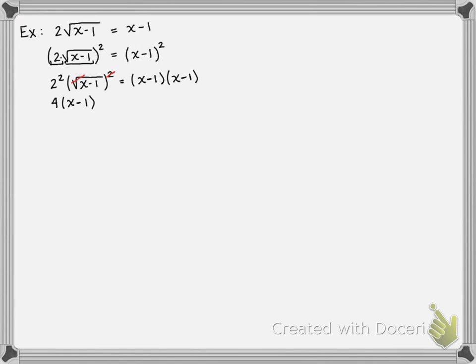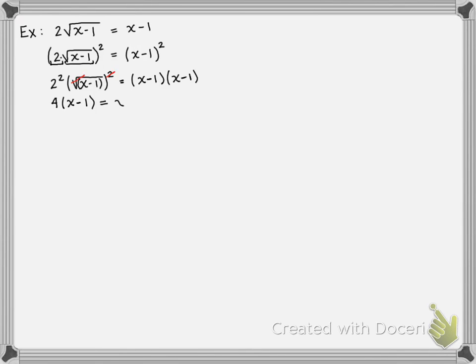Since I got rid of that radical, I got rid of the grouping symbol that was grouping the x minus 1 together, so that's why I put parentheses around it. Just like when you clear fractions, you have to put parentheses around your numerators. Same thing here, that radical groups that x minus 1, and so when we get rid of the radical, we have to do that grouping on our own.